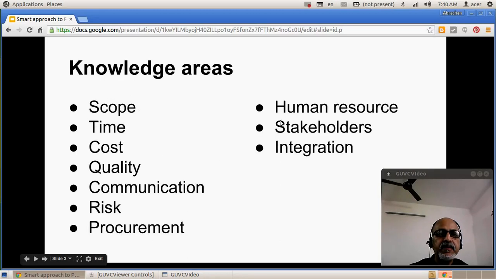And again, PMBOK has these 10 knowledge areas of scope, time management, cost management, quality, communications, risk, procurement, human resource, stakeholder, and integration management.